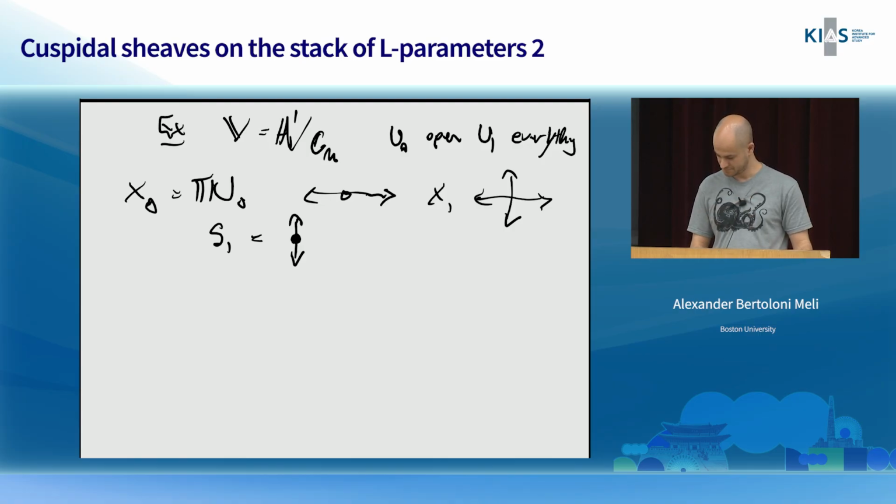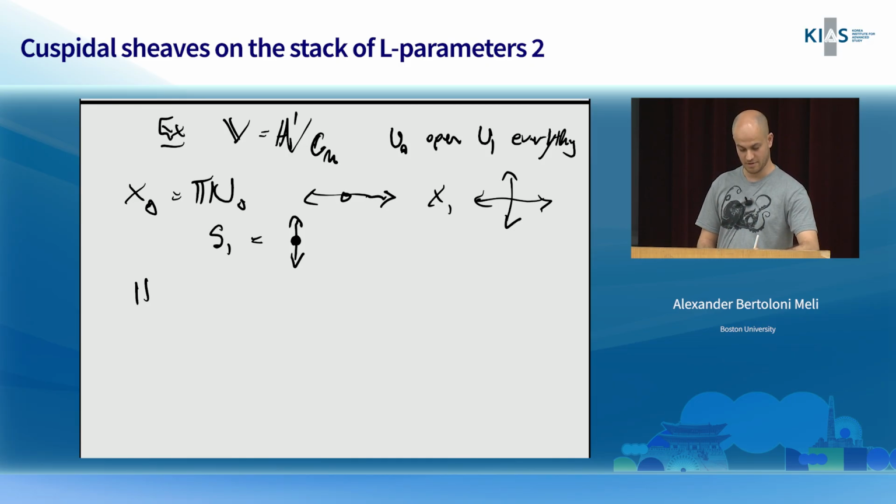Okay. I promise there's a point to all this, but I think it will take a minute to say. The point is we're going to use this stratification to construct some interesting functor. And a motivation is the next theorem: Halpern-Leistner window categories.